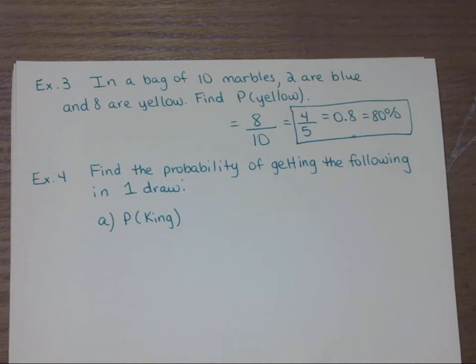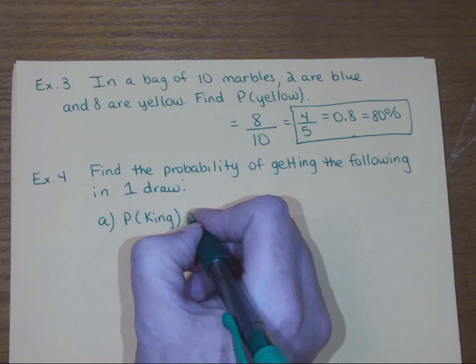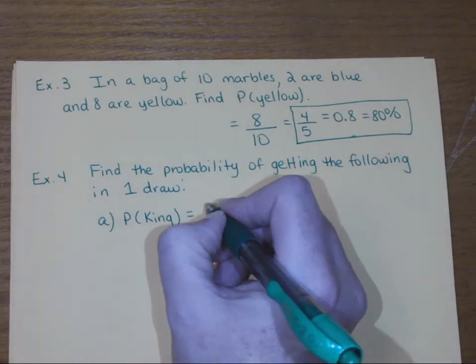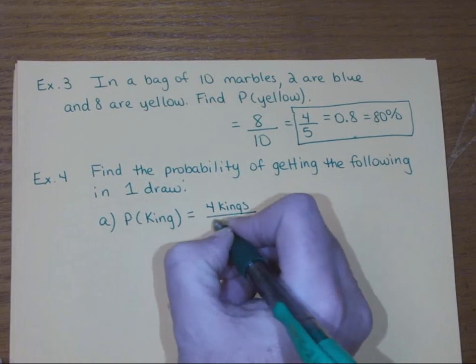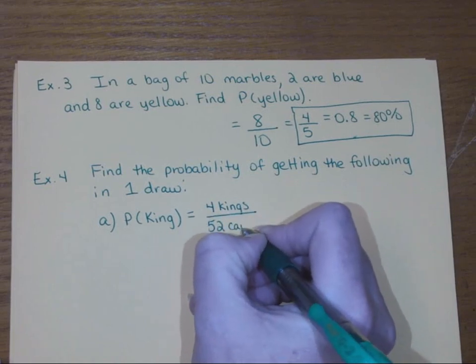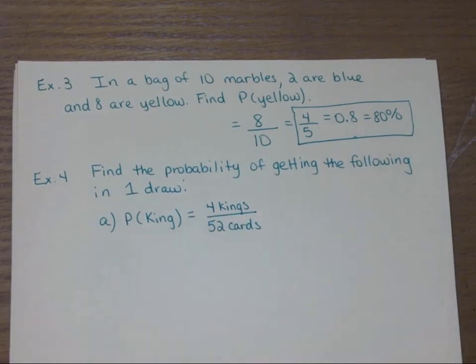I want to talk about 2 different ways we could think about some of these card examples. We could look at how many cards there are in a deck, and if we do that, there are 4 kings out of 52 cards. That's a perfectly acceptable way to think about this fraction.